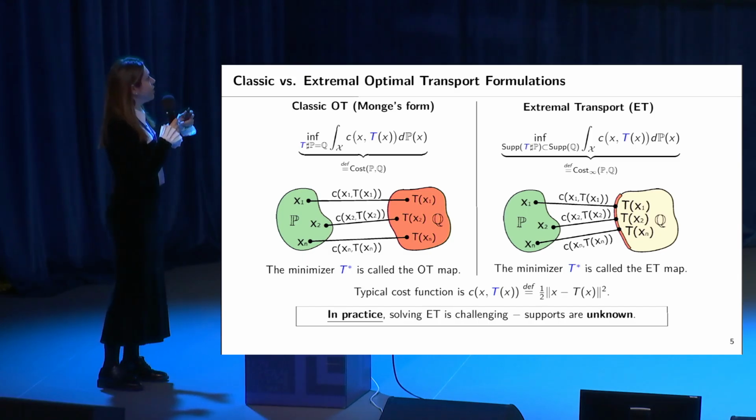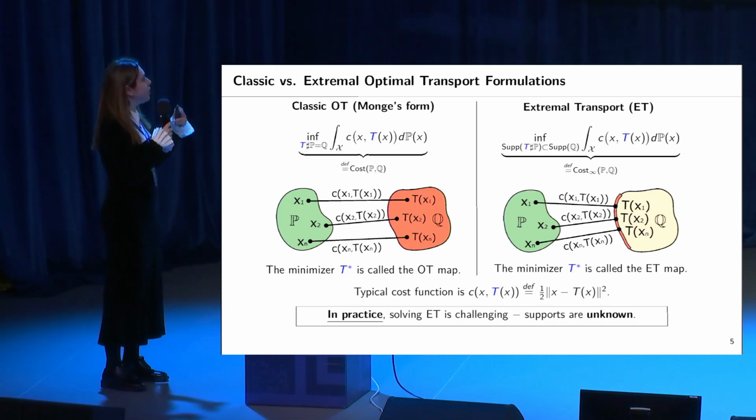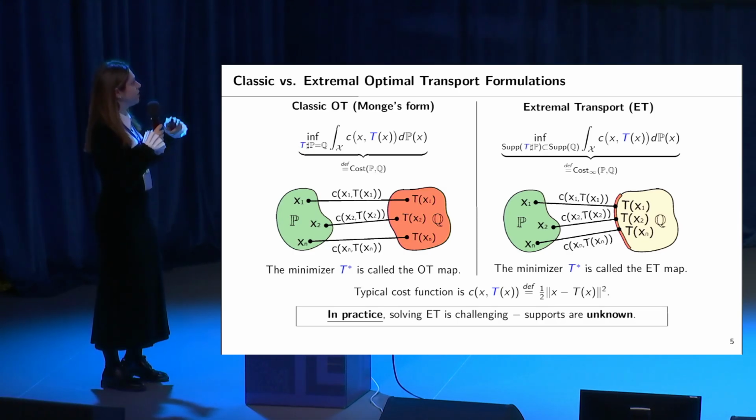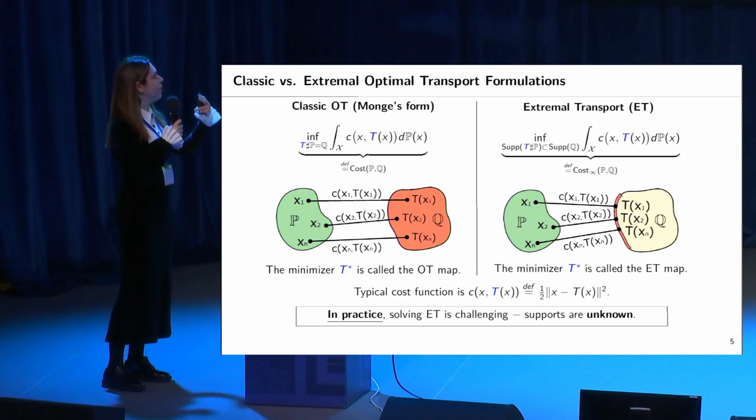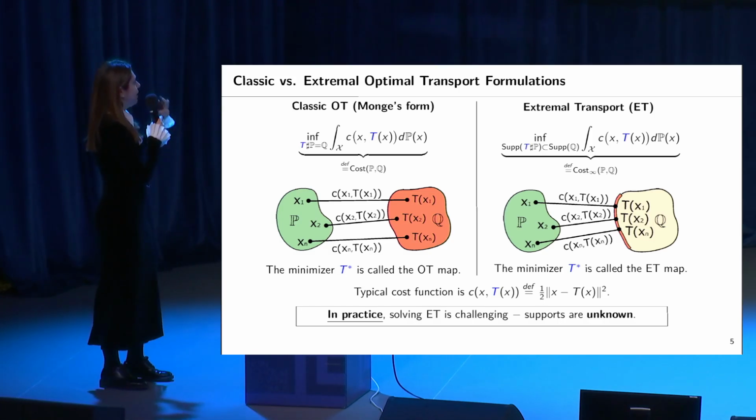So it is a low-dimensional manifold in the whole ambient space. And we want to find the points on this manifold, the images for example, which are the closest to the points of the support of the input distribution. This formulation is visualized in the right picture.